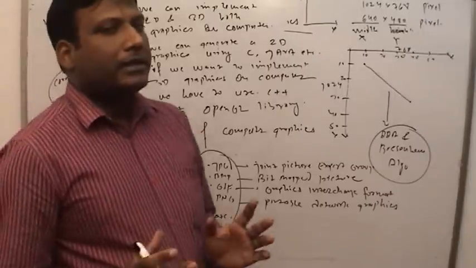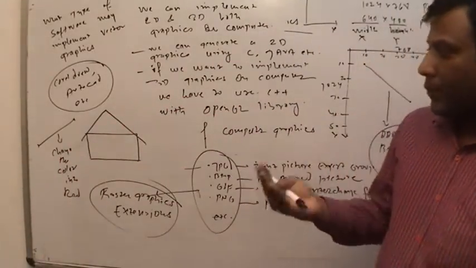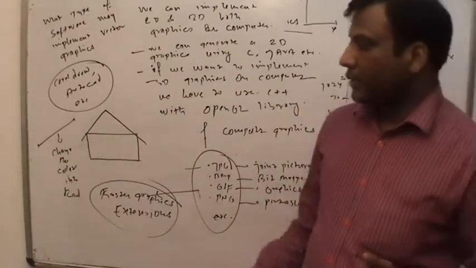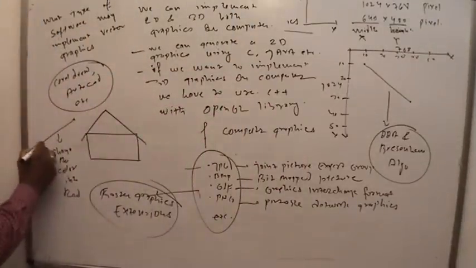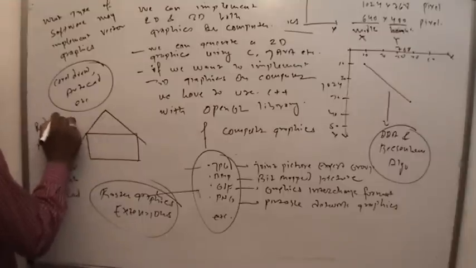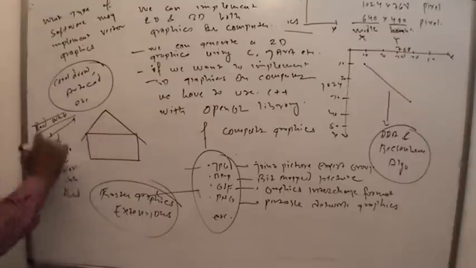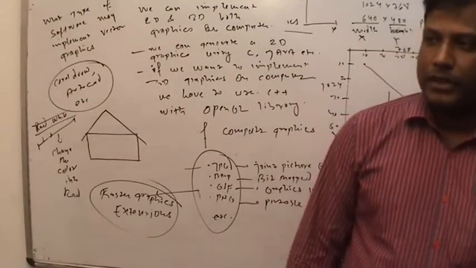We can apply a single color to this object, but if we want two colors, red from here to here and white from here to there, we cannot do it in vector graphics.